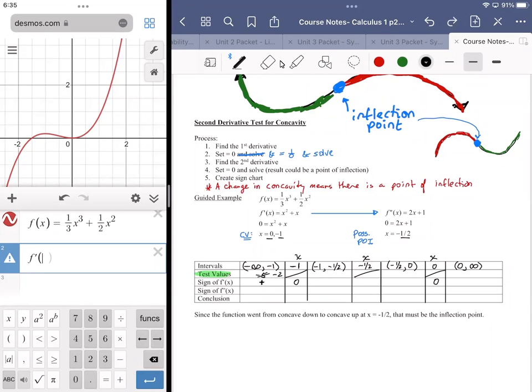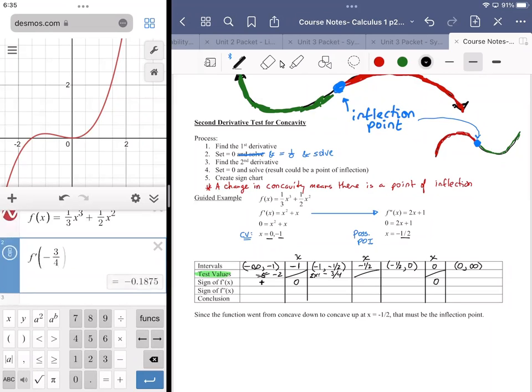We need a value between -1 and -1/2, maybe like -3/4. So for example, -3/4, just pop that in. You get a negative value. All right, so a negative number. But just to be safe, you might try some additional values between -1 and -1/2, maybe like -0.9.